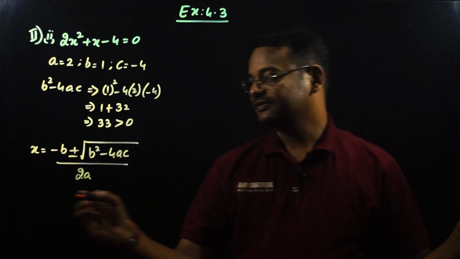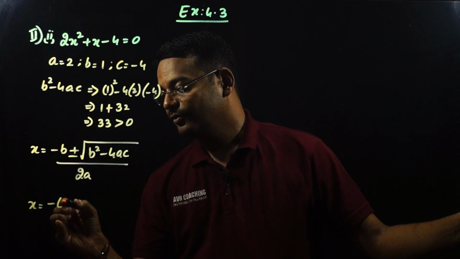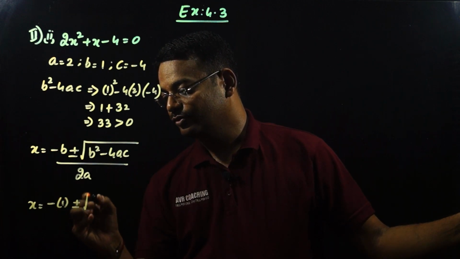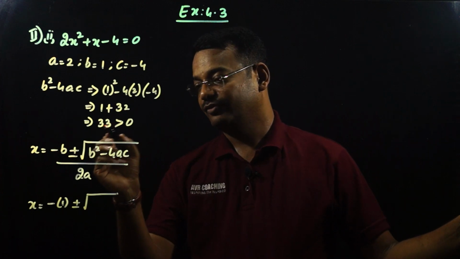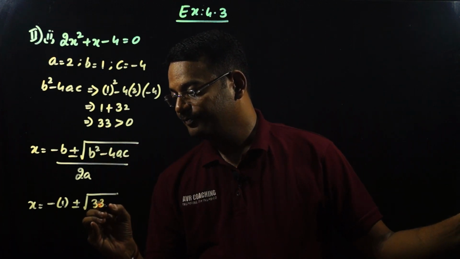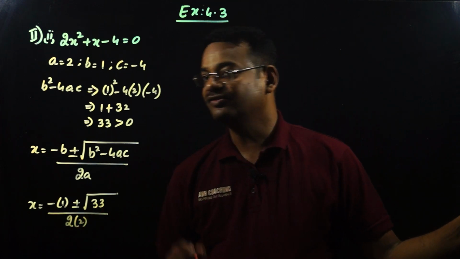When we substitute this in the equation, x equals minus b plus or minus root of b square minus 4ac, which is already 33, divided by 2 into a. The a value is 2.